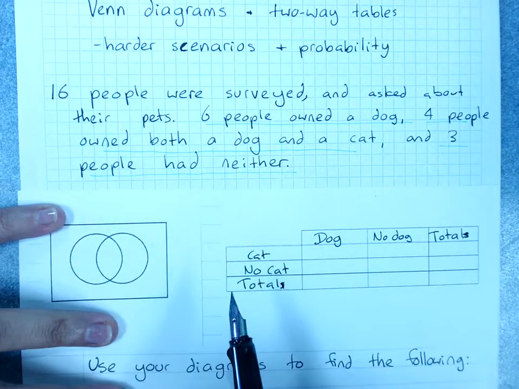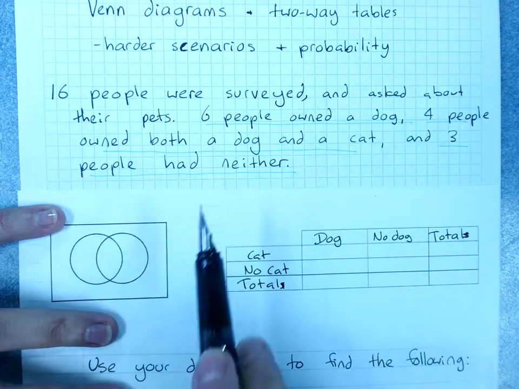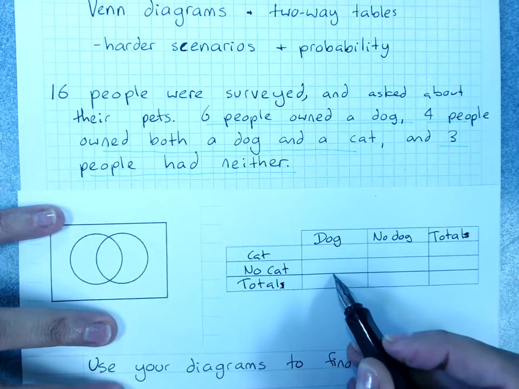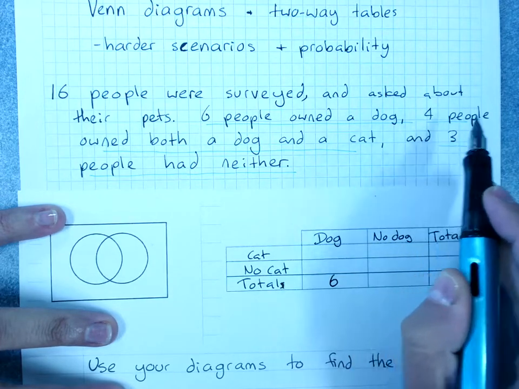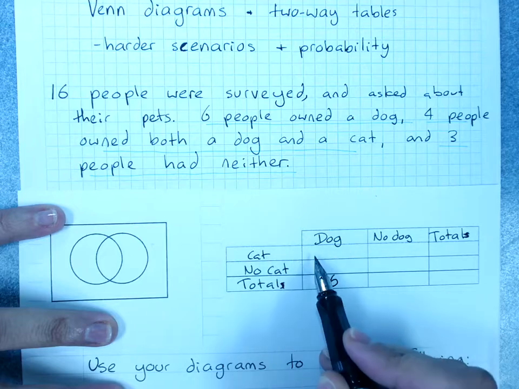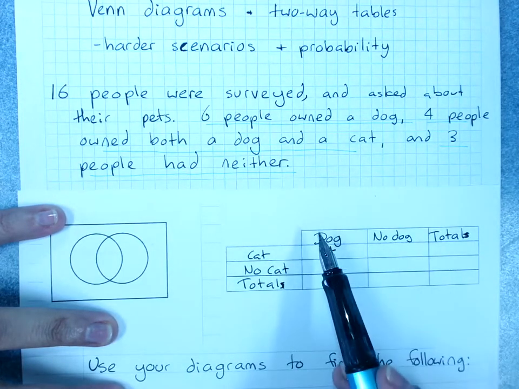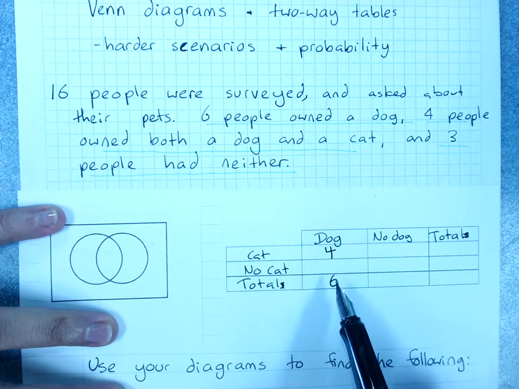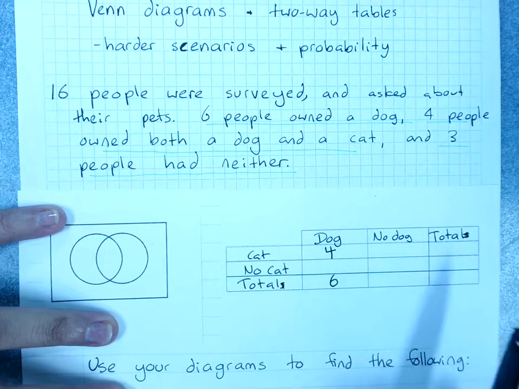3 people had neither, or let's start from the start. 6 people owned a dog. That's the total of people who owned a dog. 4 people owned both a dog and a cat. Dog and cat. Now what you can see already is that the total and one number lets me work out the other one.